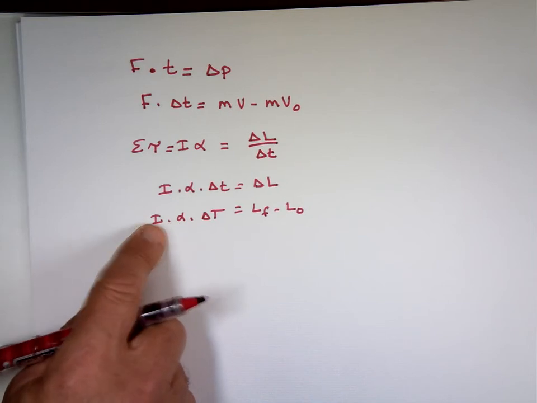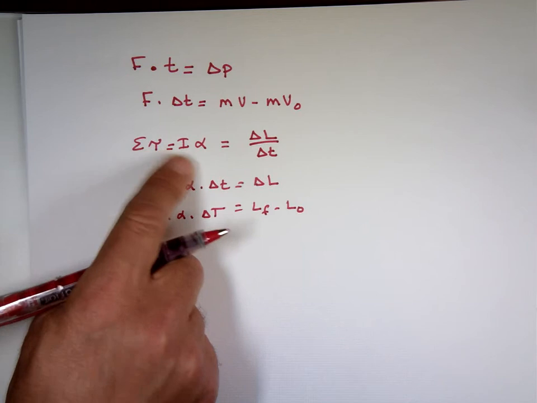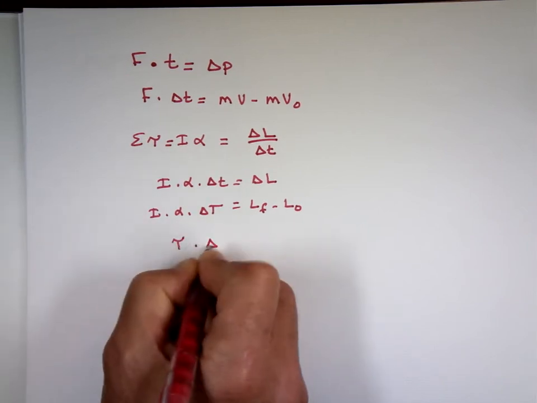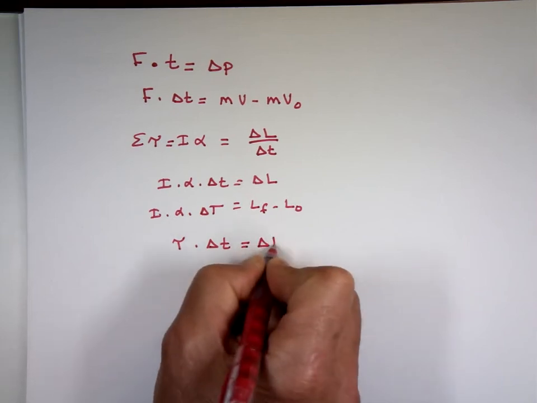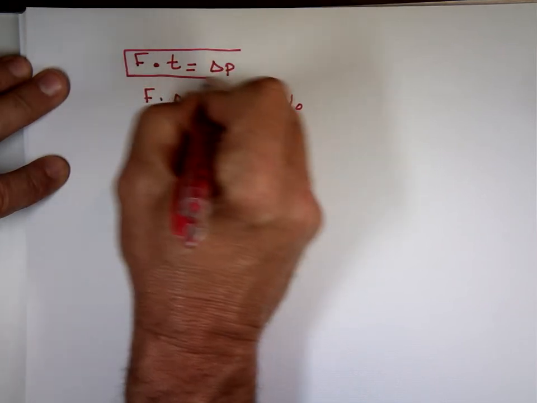Isn't that torque? So torque times delta t equals the change in angular momentum. Just like this for linear, this is for angular.